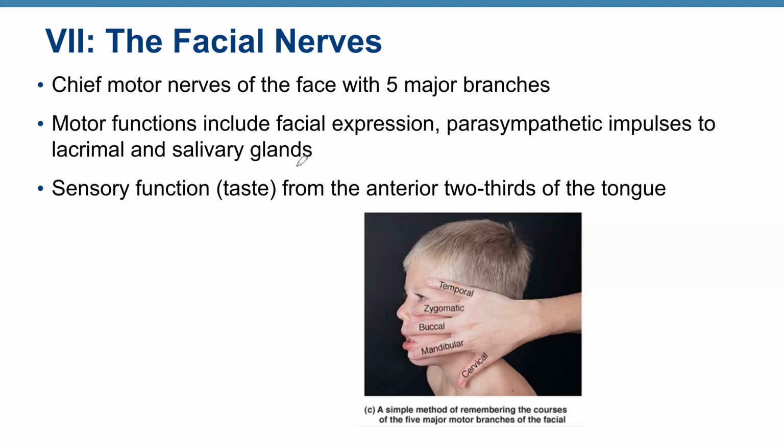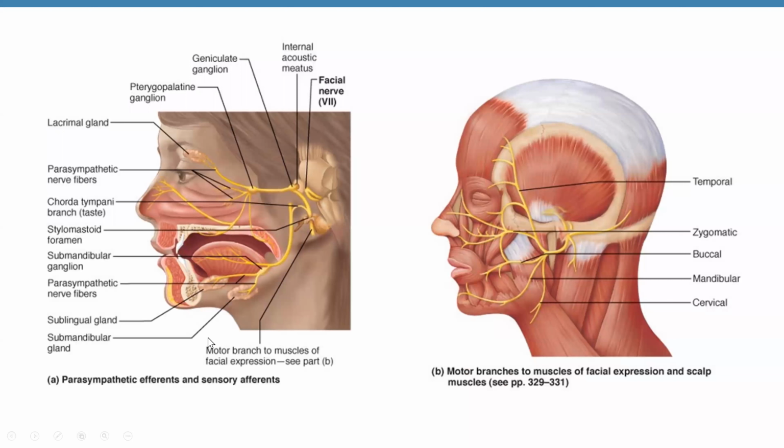Sensory function, taste from the anterior 2/3 of the tongue. So that's a mixed nerve. It's a motor nerve to move the skin. It's also sensation, taste from your tongue. Okay, so here you can see the nerve itself. So the facial nerve, how it innervates your lacrimal glands over here.